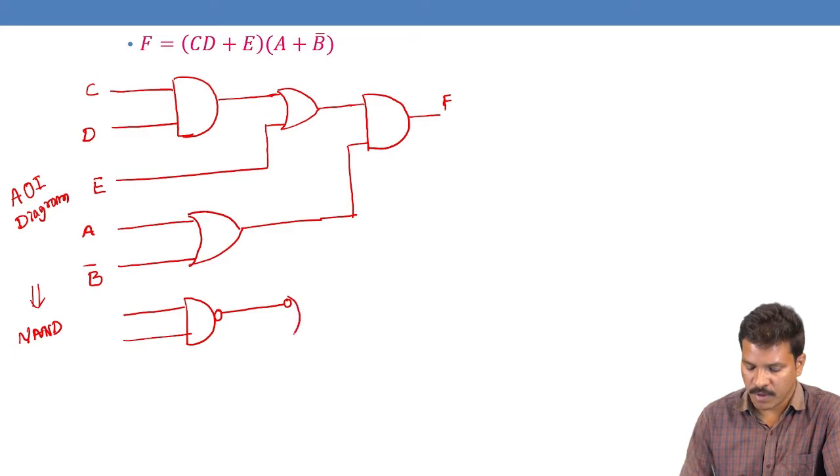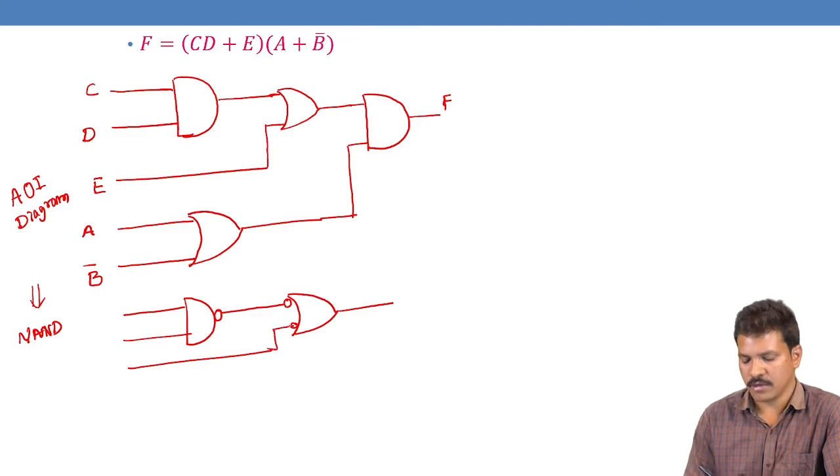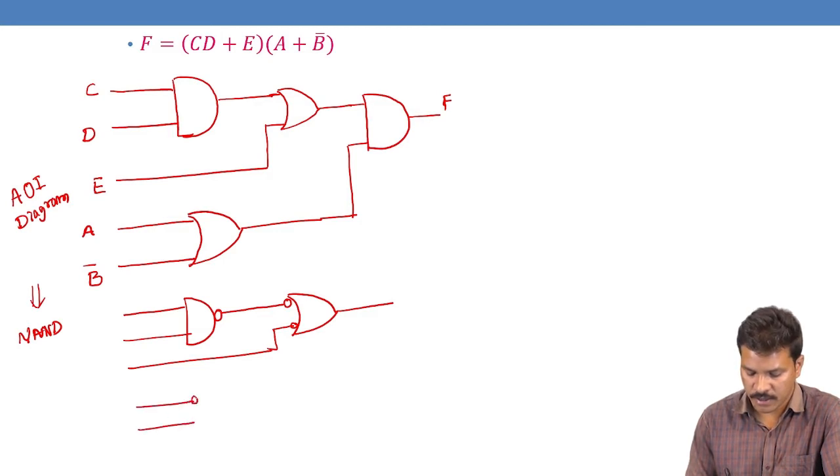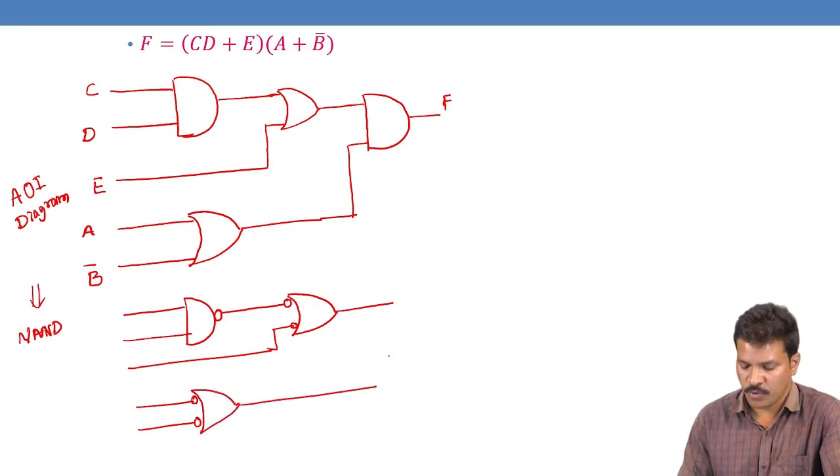We take the bubble with OR gate, and then this OR gate also bubble with OR gate. This output is going forward and then ANDed with this one. This AND gets replaced with the bubble.